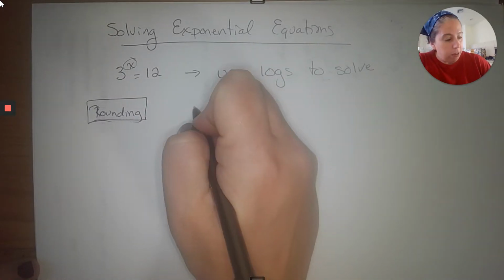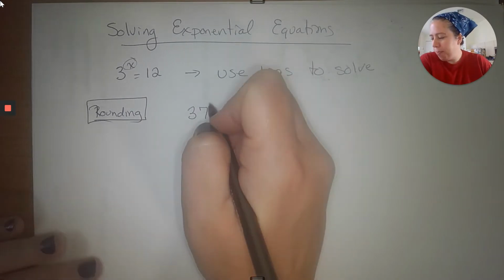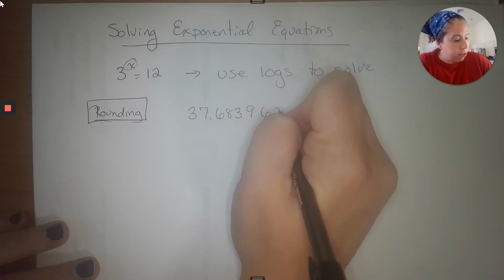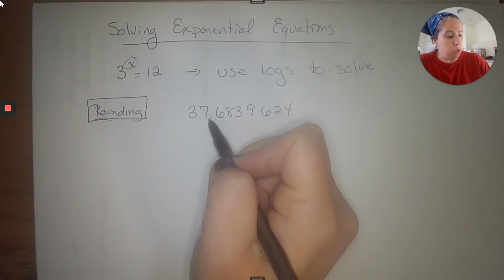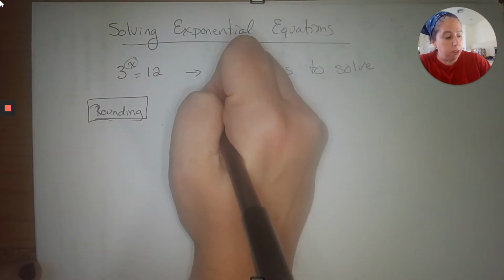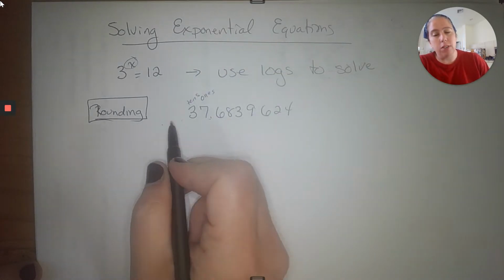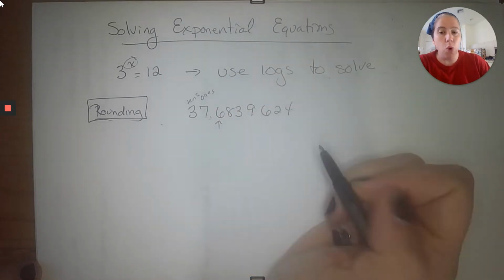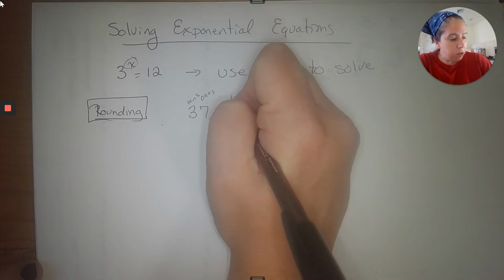If I give you like 37.6839624, first of all, remember the numbers to the left have no TH. This is the ones and the tens, then the hundreds, the thousands, no THs. This side, these have THs. There's no ones. Remember, this is the tenths, this one's hundredths.